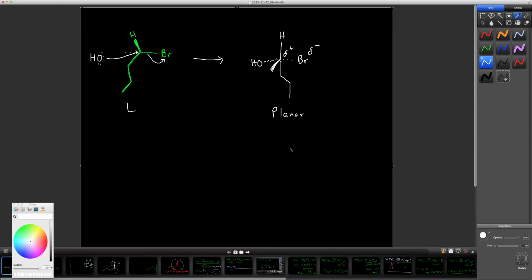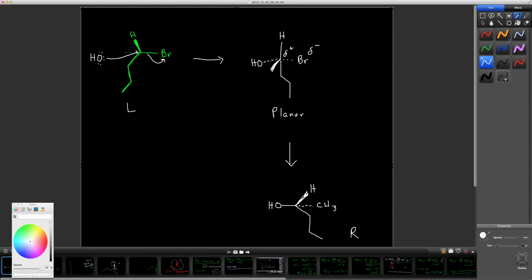And as the bond completes itself, it will become pointing to the right. So at the end, I've made my carbon-OH bond. And the other three groups have been pushed over to the right.